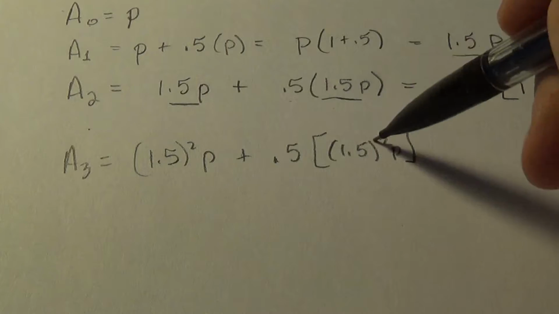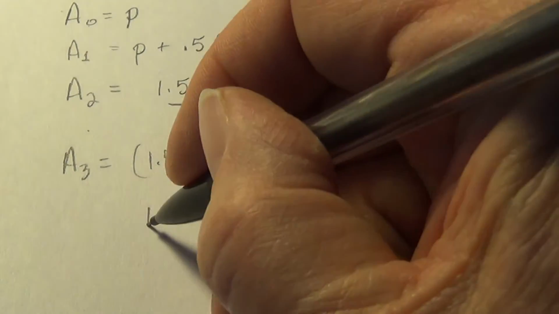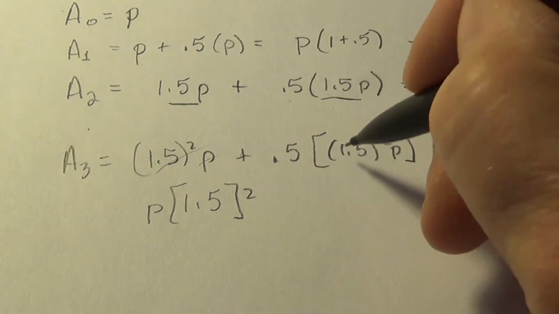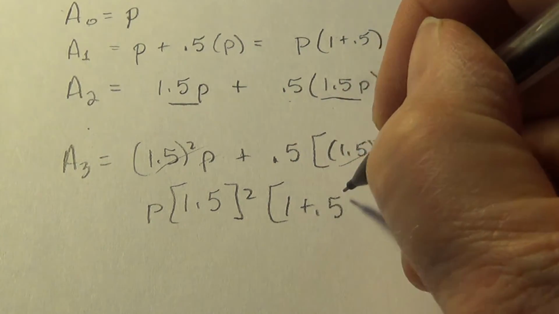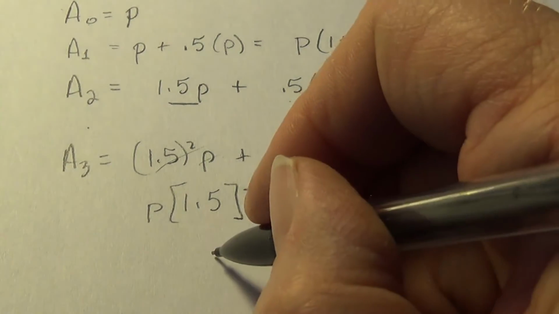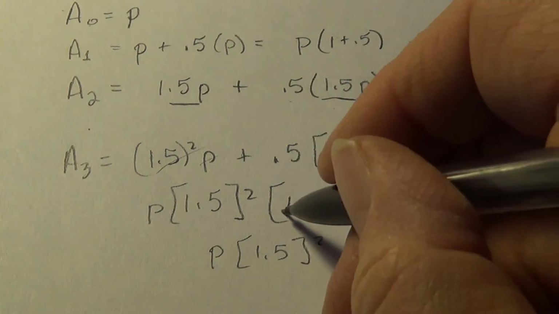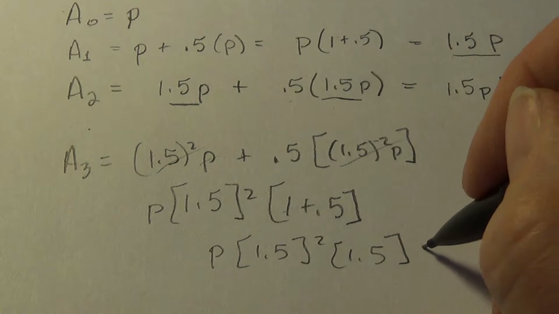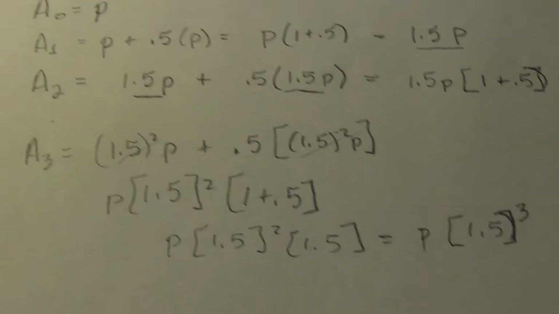So I can factor out a P and a 1.5 squared. So I took that one out and that one out, and it's left with a 1 plus 0.5. And so I get P times 1.5 squared times 1.5. So I get P times 1.5 cubed on the third year.